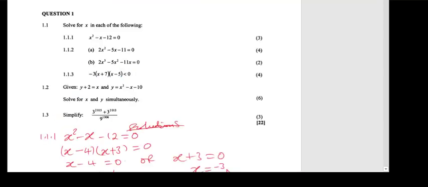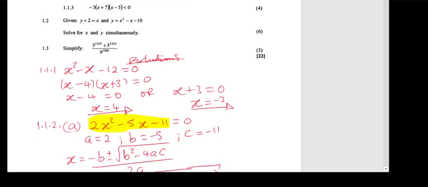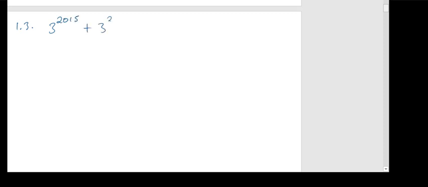Then the last question, 1.3, is to simplify the following expression: 3 to the power 2015 plus 3 to the power 2013, all divided by 9 to the power 1006.